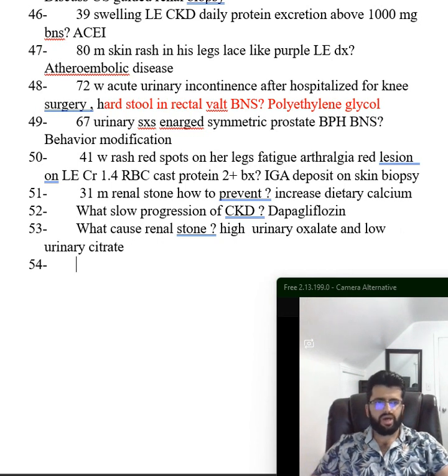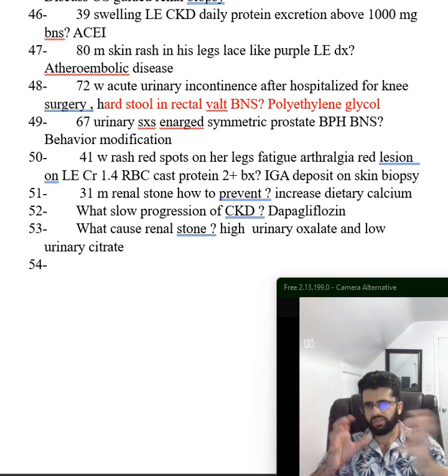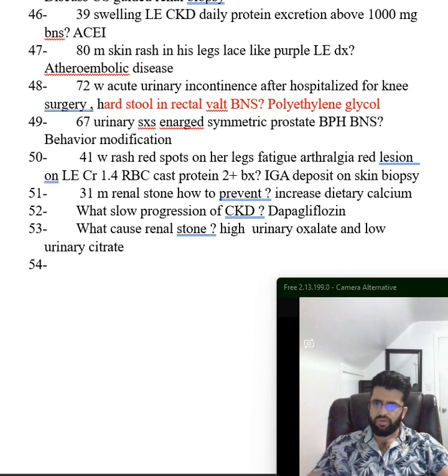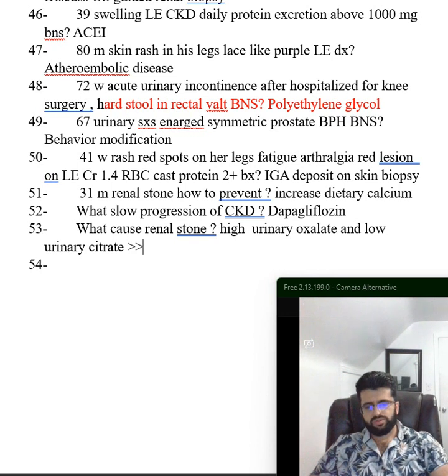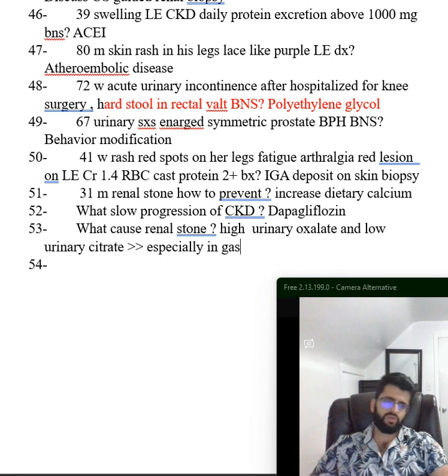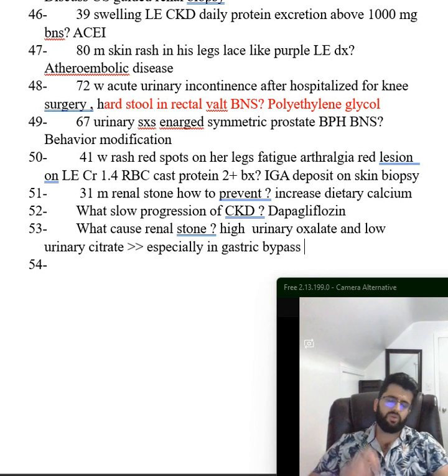Okay, if you have high urinary oxalate, low citrate, this oxalate is going to bind calcium, causes a stone. And that's what happened with the gastric bypass. Okay, especially in gastric bypass. Okay.